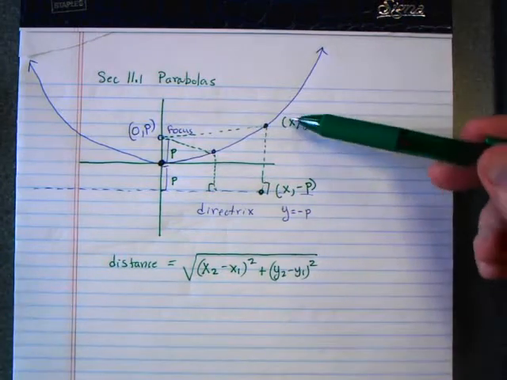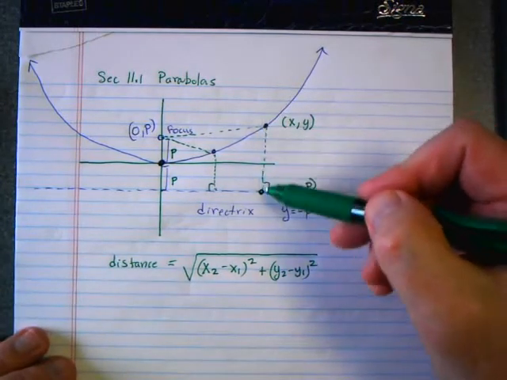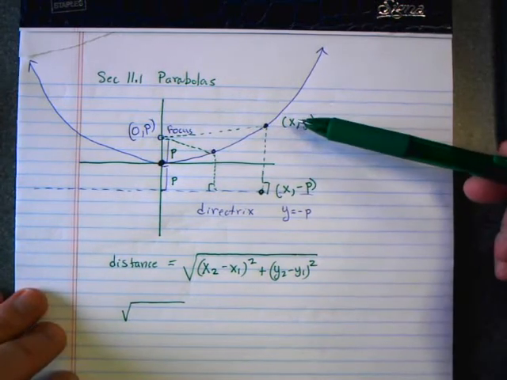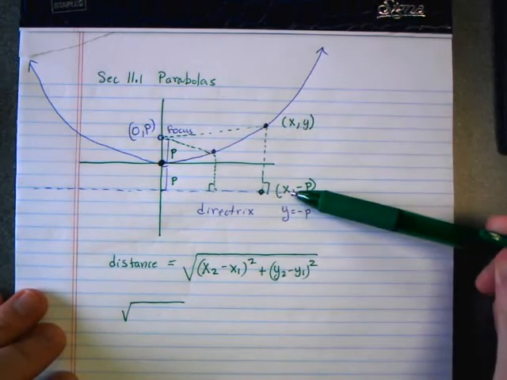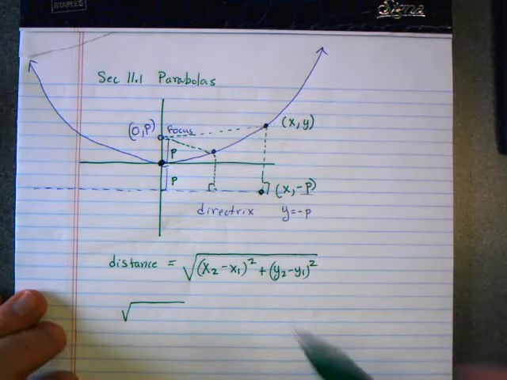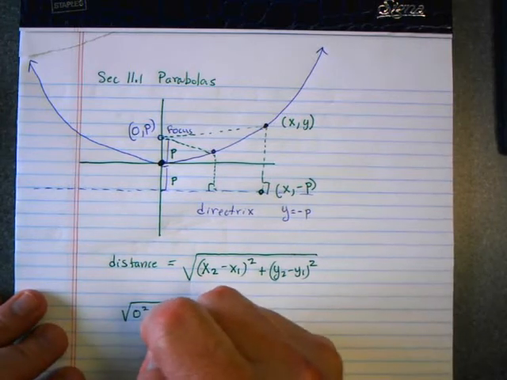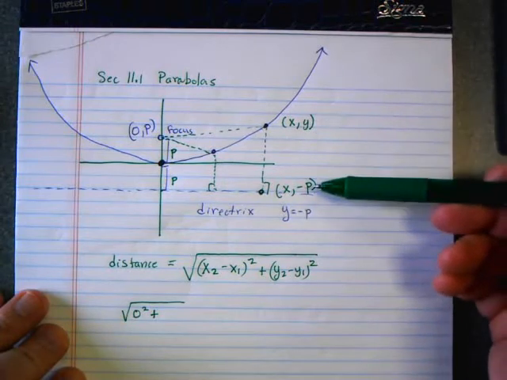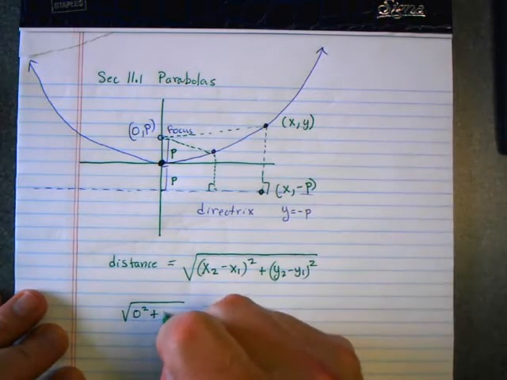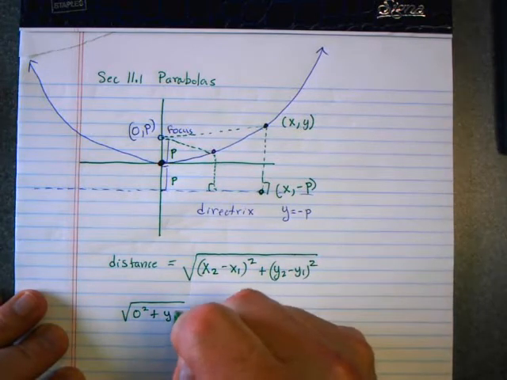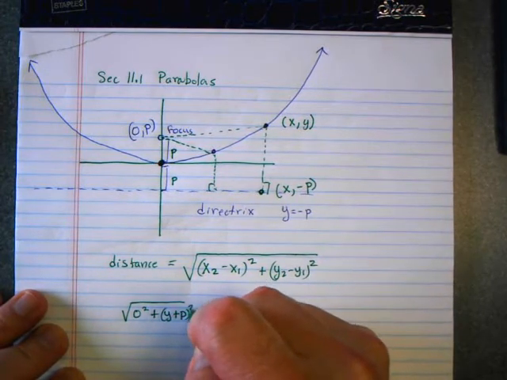So this distance, from here to here, is the square root of, what happens when I do x2 minus x1? I get x minus x, which is 0. So that's 0 squared plus y minus negative p. I'm going to write it as (y plus p) squared.